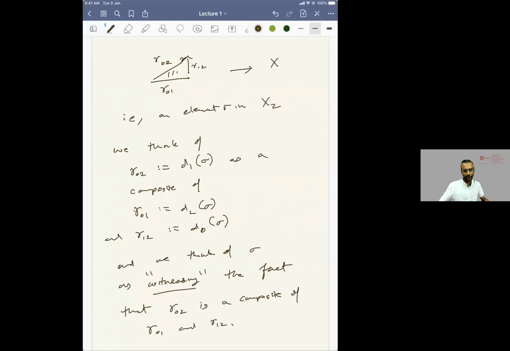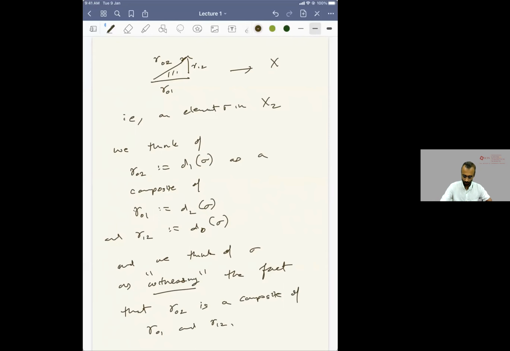So this is how we think of it. I mean, the definition is what I said, it's just a weak Kan complex, but we interpret this to mean that the two-simplex witnesses the fact that gamma 0,2 is one possible composite. We're not specifying the composite uniquely. We're specifying one possible composite of gamma 0,1 and gamma 1,2.